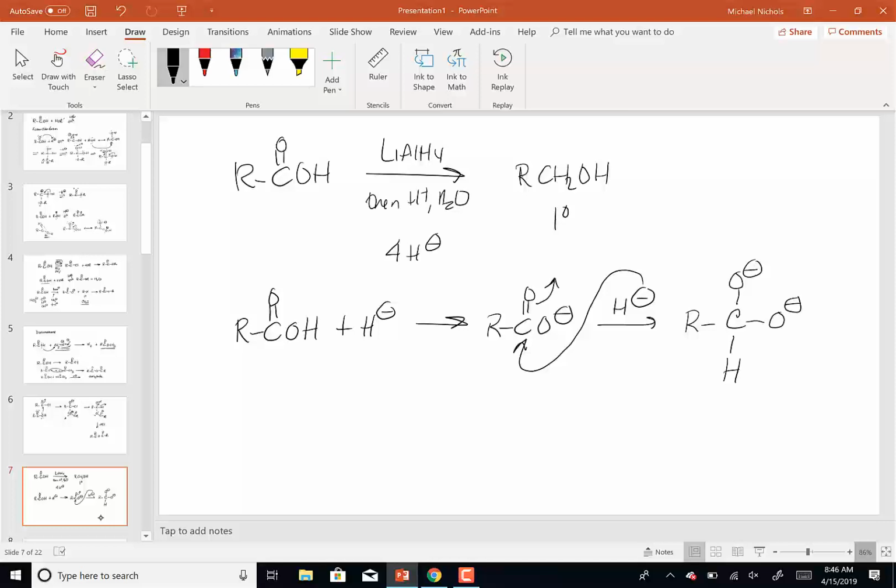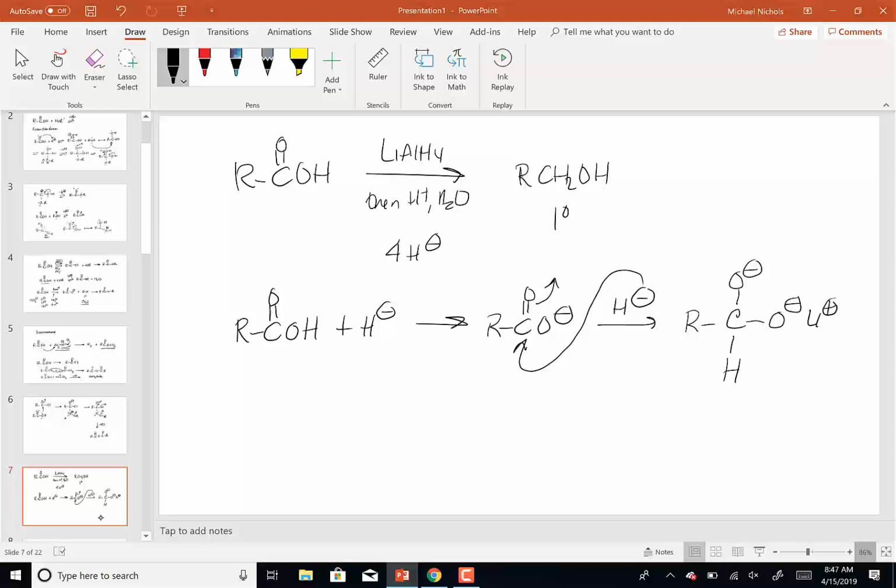But in order for me to get all the way back down to the primary alcohol, I have to now pay attention to what happened to the lithium aluminum hydride. Normally, I don't care about it, but I have to. So I've got a lithium plus, a counter ion to that O minus.